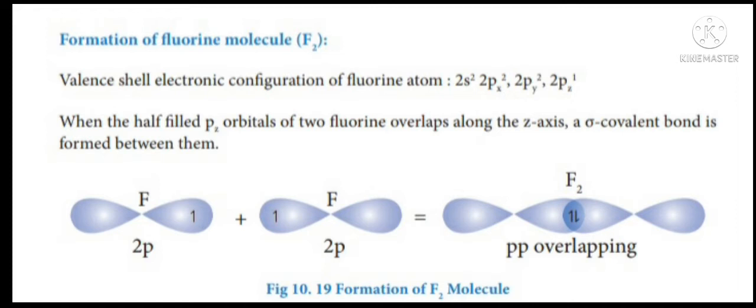This type of overlapping is said to be pp overlapping. Hence, a single covalent bond is formed between two fluorine atoms. That single covalent bond is sigma bond. Formation of fluorine molecule is shown here.